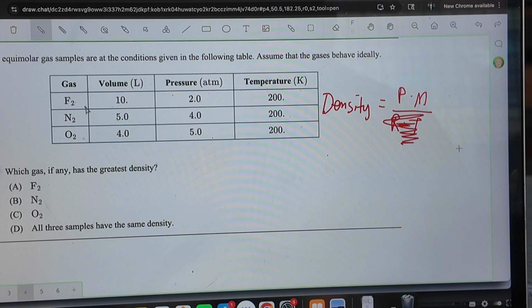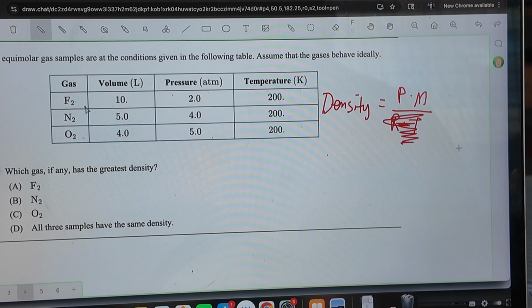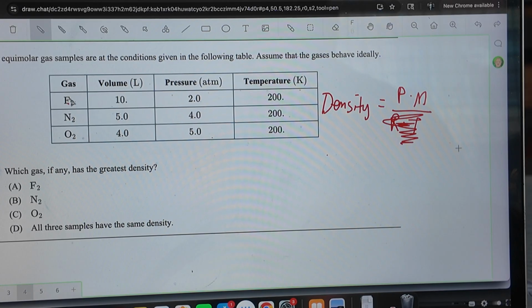Two moles of each. And so here, we can calculate the molar masses, because F is 19 mass times 2 is 38. N is 14 mass times 2 is 28.